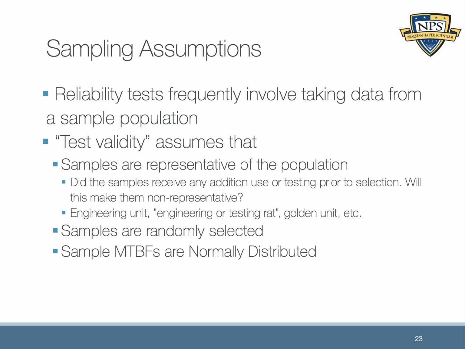So random samples are really important, and the point of that is that those samples are the best way to get a representative sample of the population because you're making no assumption about the sample when you're taking it. It's completely random. And then sample MTBFs should be normally distributed. That's true, I guess, as well, but a little less important here.